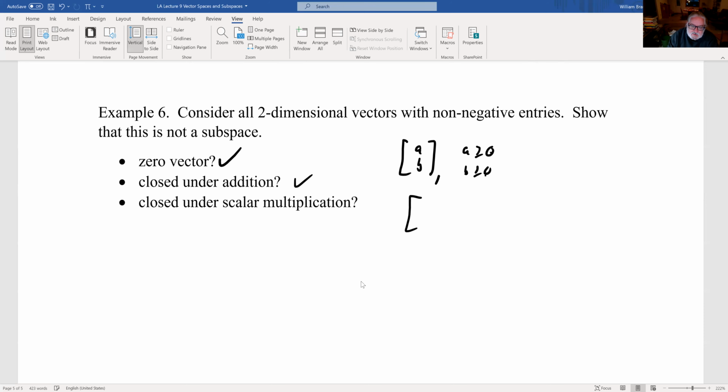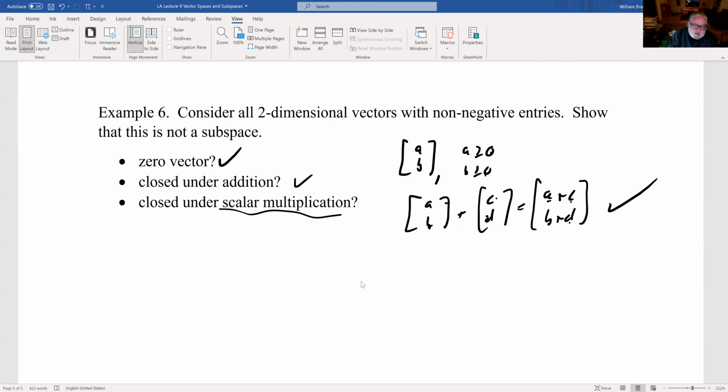If I add any two of these together, and A and C are non-negative and B and D are non-negative, then A plus C and B plus D are also non-negative. So it's closed under addition.